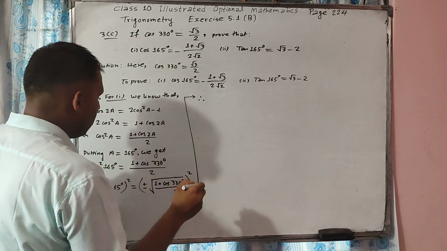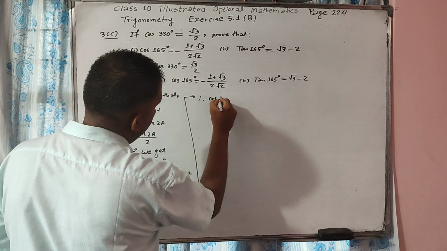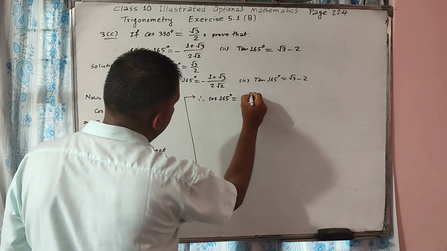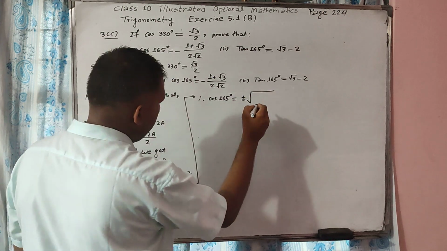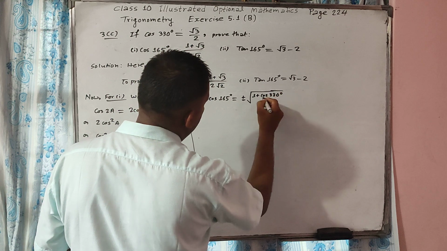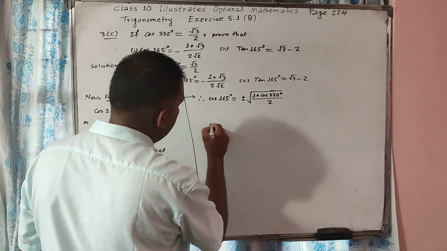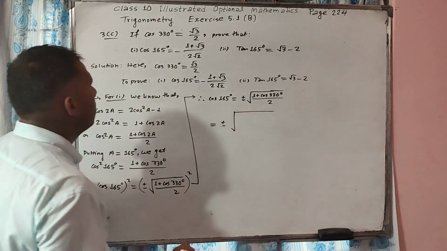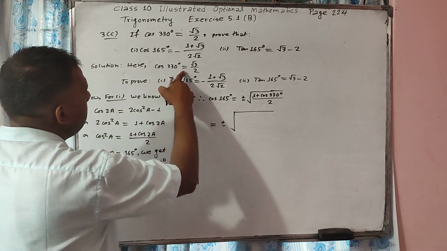Therefore, cos 165 degree equal to plus minus square root of (1 plus cos 330 degree) all upon 2. We have cos 330 as root 3 by 2.